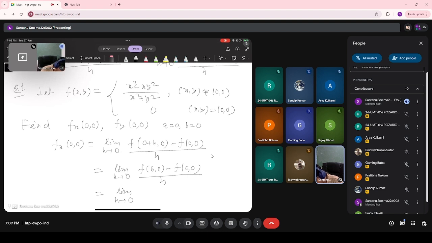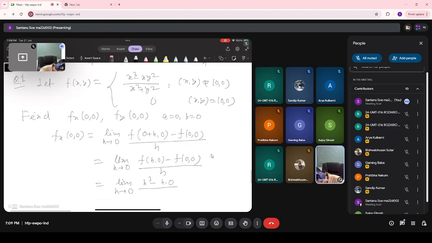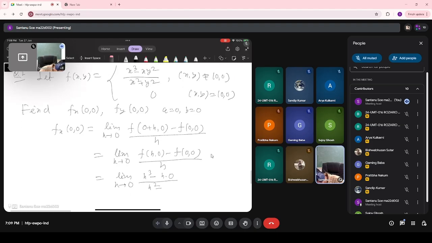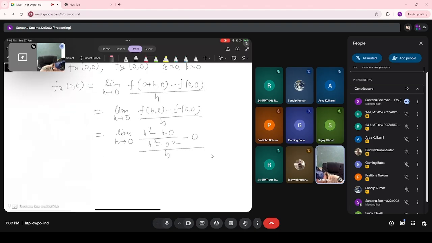See here that when x and y are both non-zero, this is the function value. So this will be h cube minus h into 0 divided by h square plus 0 square, and f of 0 comma 0 is 0, divided by h.